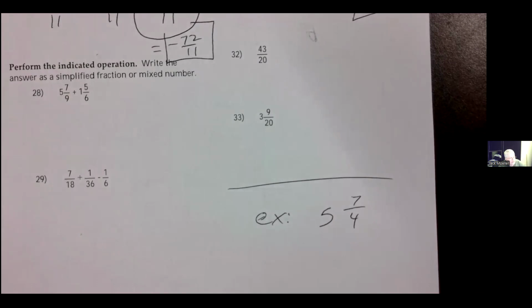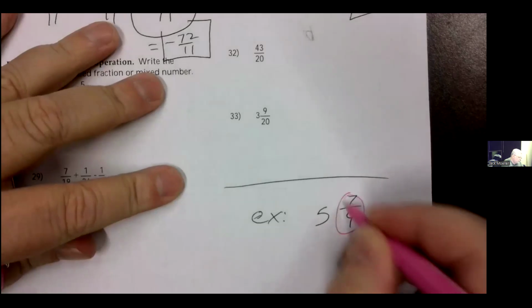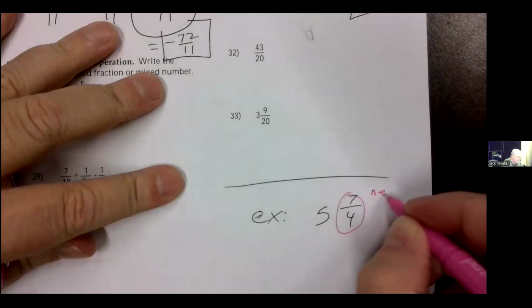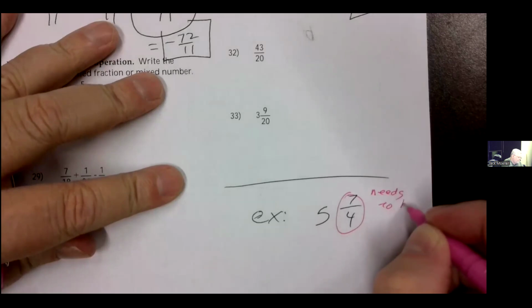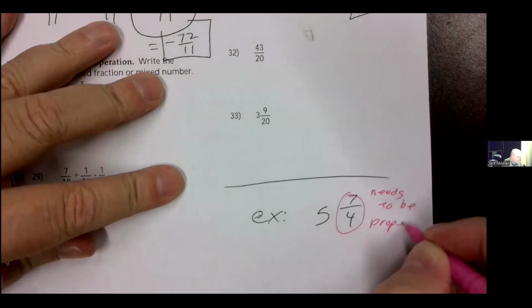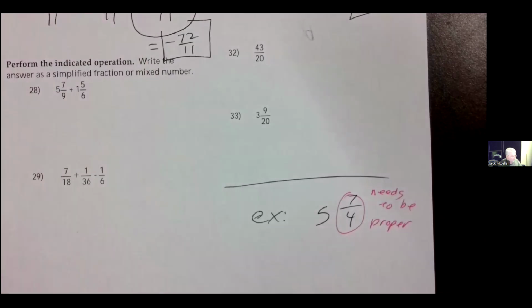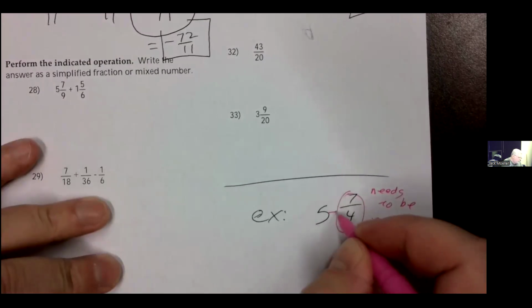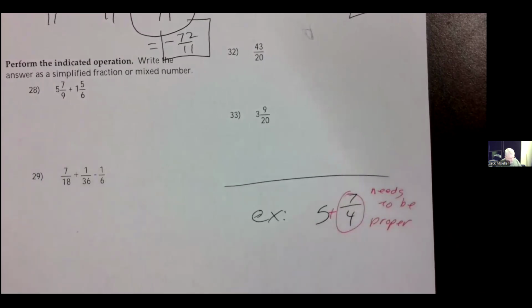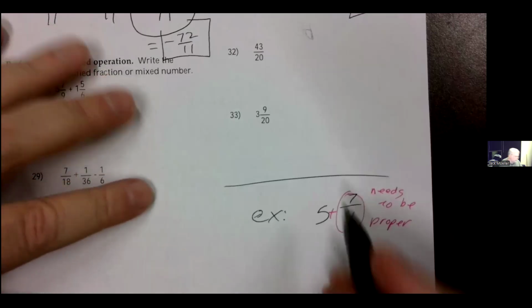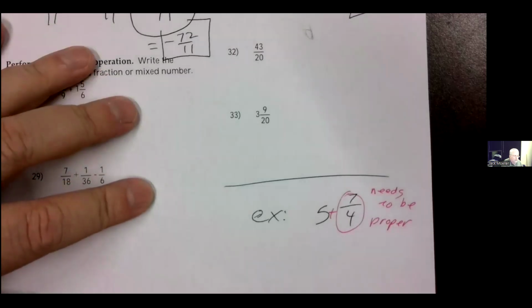If you put this in as an answer, it's definitely going to get counted wrong. And the reason being is this needs to be proper. Do not stop if you have an improper fraction in your mixed number. Also, don't forget that this really means 5 plus 7/4. So what you have to do is convert the 7/4 to a mixed number.